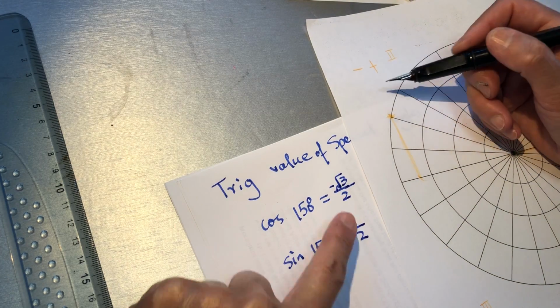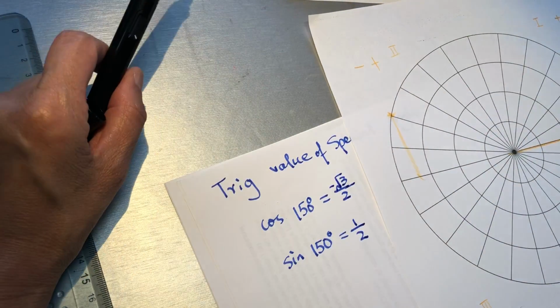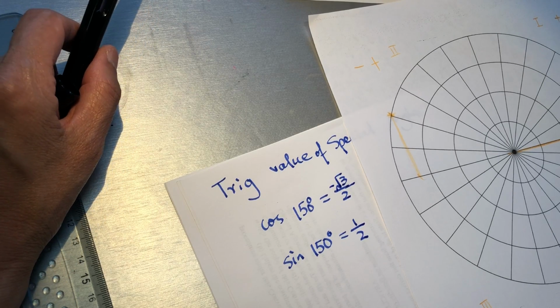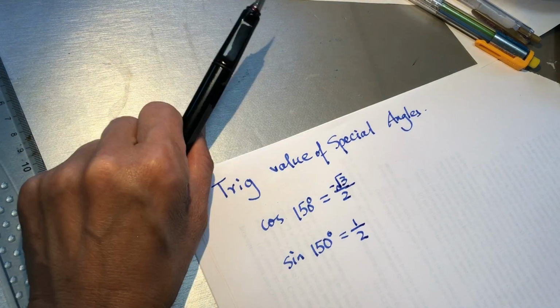X value is negative, y value is positive, right? Okay, I will not work with the computer, it gets confusing.